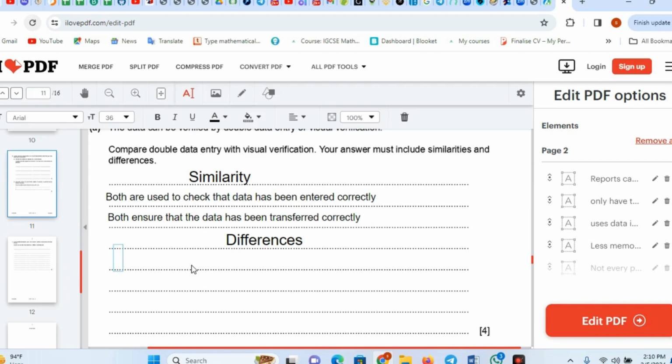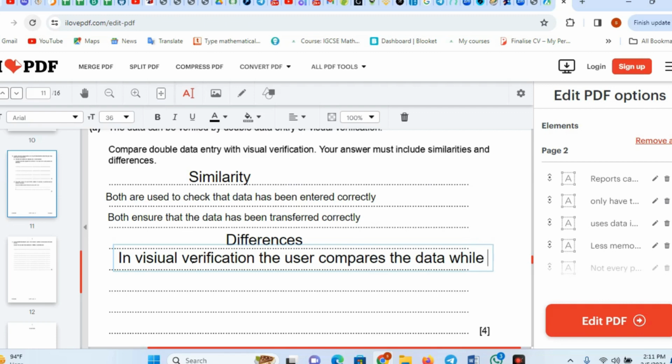In visual verification, the user compares the data, while the computer compares the data in double data entry.